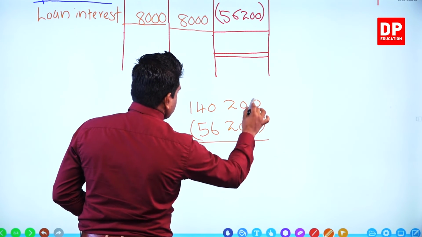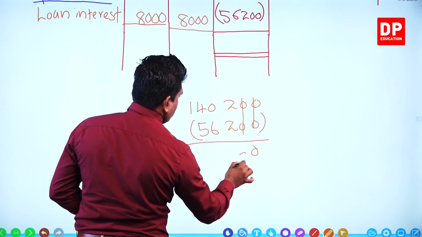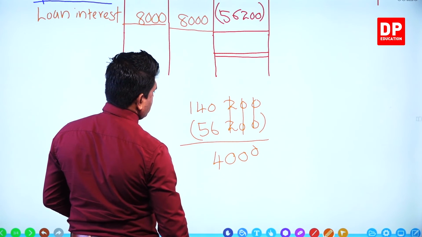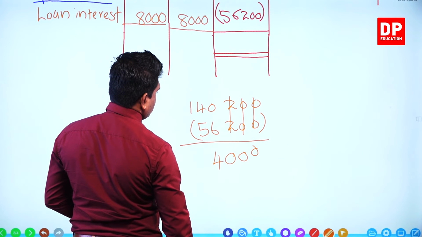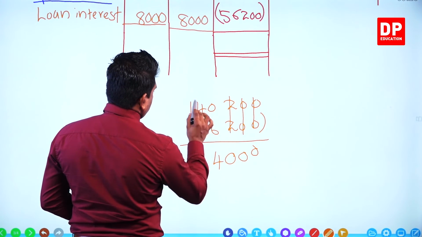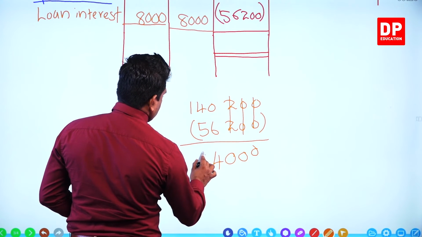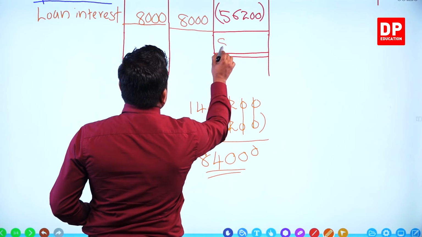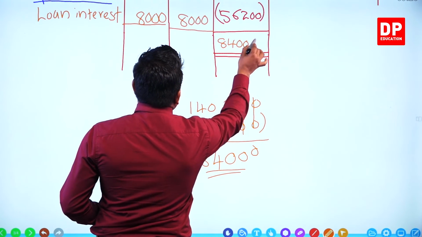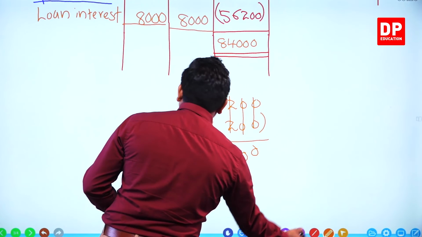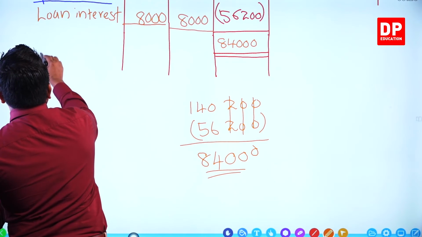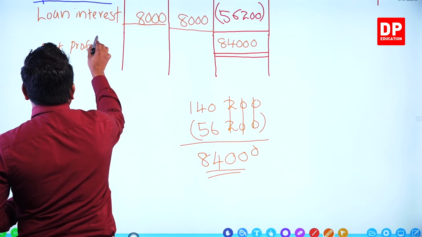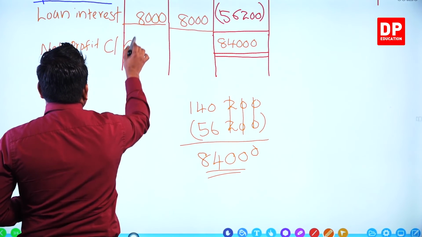Value means net profit. 84,000. You can write it here, 84,000. You must remember here something. What is that? You write here net profit, carry it to capital account.